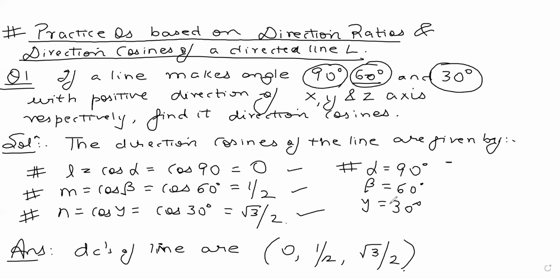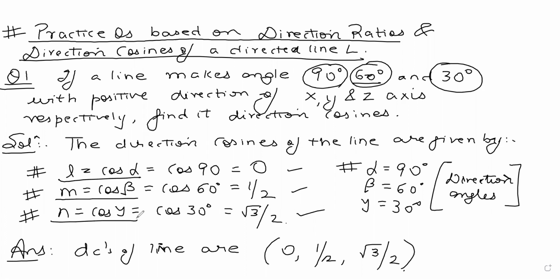So these are the direction angles given to us. From the direction angles, how do we find the direction cosines? L is cos alpha, M is cos beta, N is cos gamma.